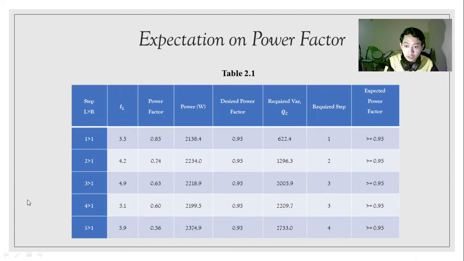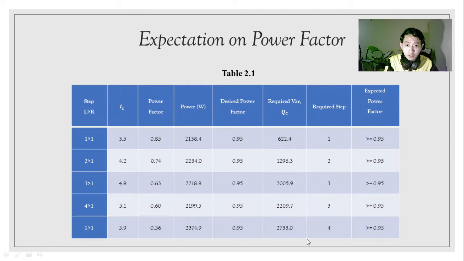Then if we look at another case or step, when switching 5 to 1 for inductor to resistor, our initial power factor is 0.56 and the desired power factor is 0.95. So when we improve from this value to this value, we add 2733 var, right? We can observe that the lower the power factor, the higher the amount of capacitance that needs to be added.